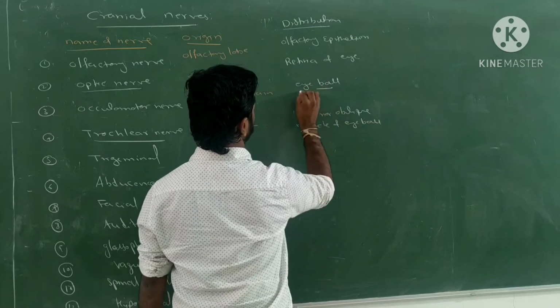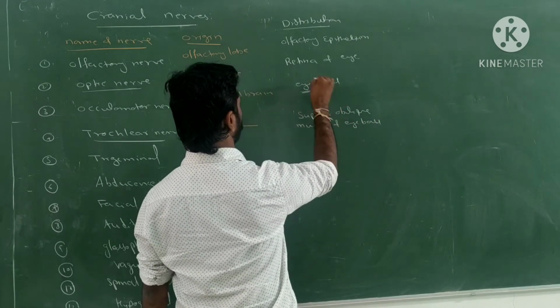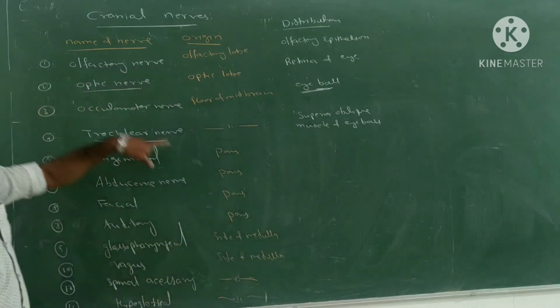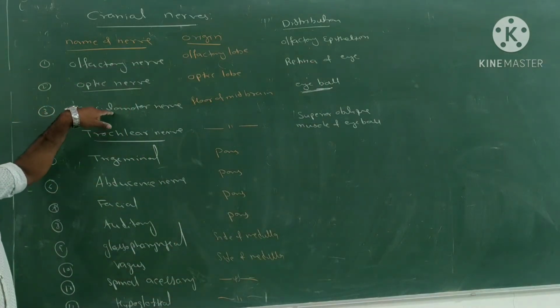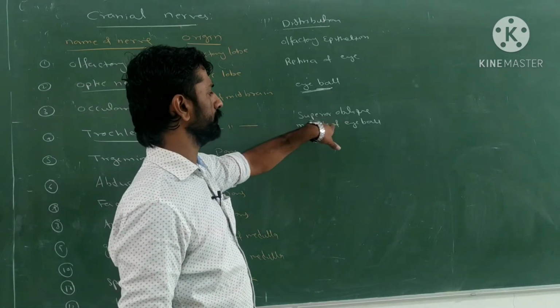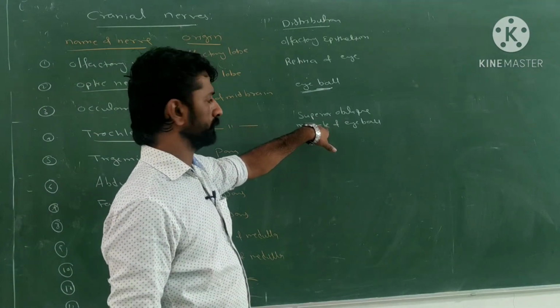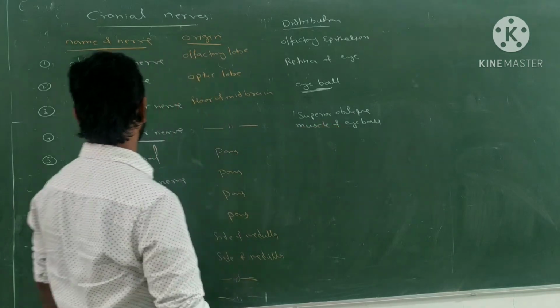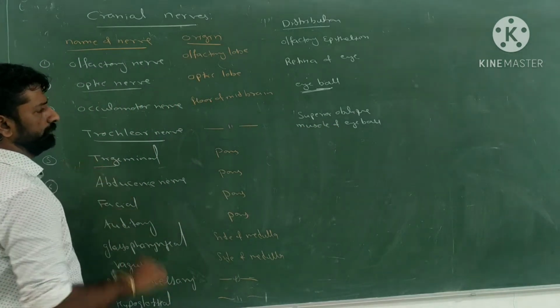So here the four muscles of the eyeball are under the control of oculomotor. Next, trochlear is controlling the movement of the superior oblique muscle of the eyeball.